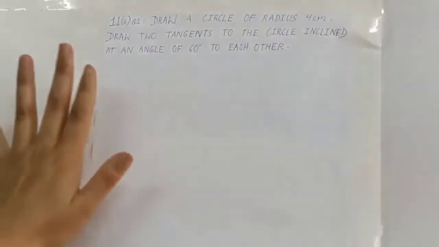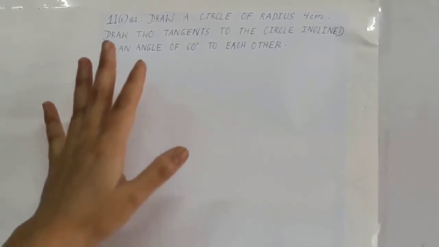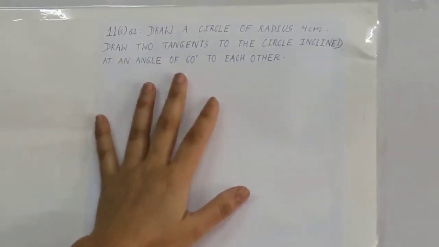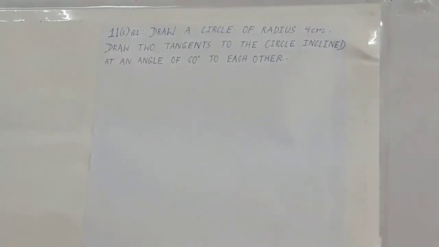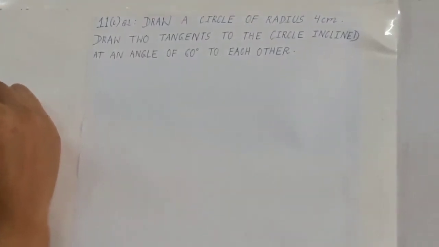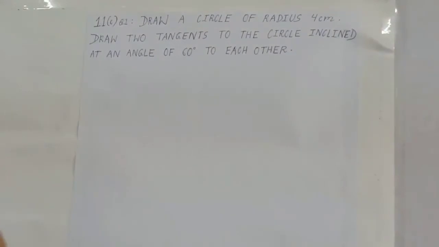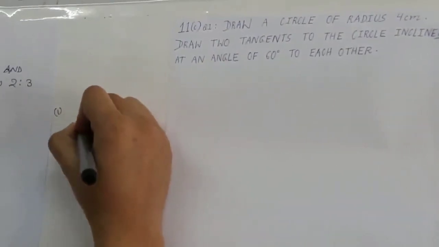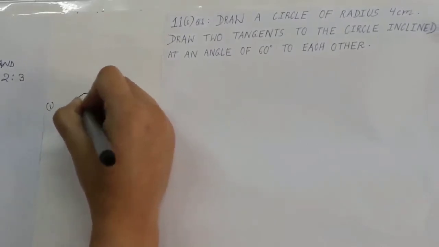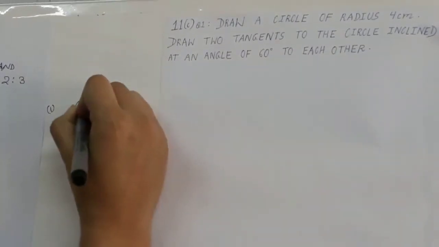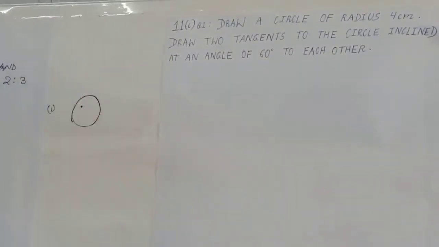Okay. First thing, before we do this construction, I want to remind you about circles. When there is a point inside the circle, from this point, we cannot draw any tangent.